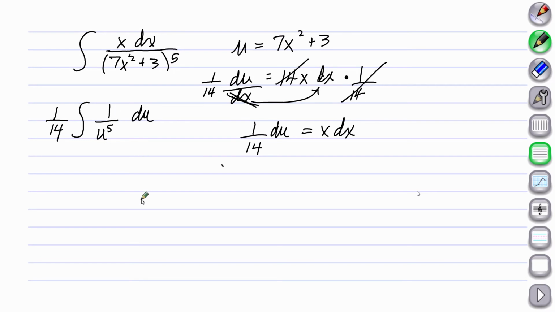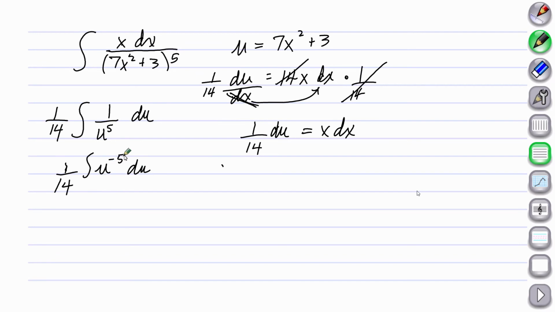So this would really be 1 over u to the 5th du. This isn't just 1 over u, which would be natural log. This one, I have to bring it up to the top. So this is going to be u to the negative 5 du, like that. So now I'm ready to take the integral.